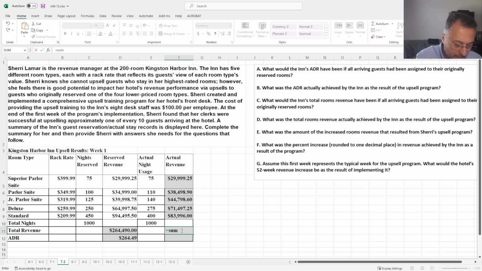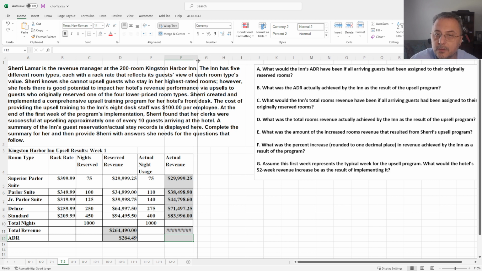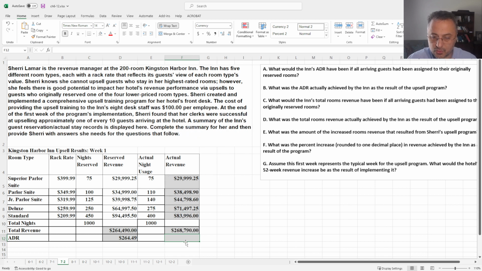And let's calculate the same thing. This is also the ADR calculation. Let's do the same thing. 1,000 rooms, so the increased ADR is 268.75. Now, what would the ADR have been if all were not upsold?